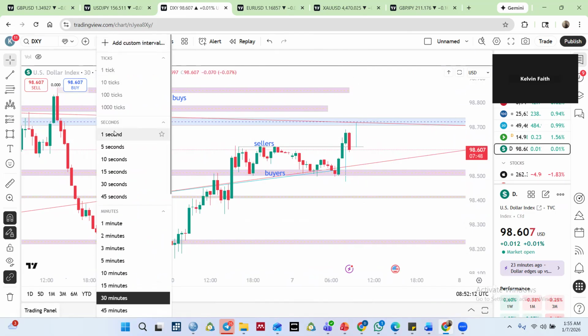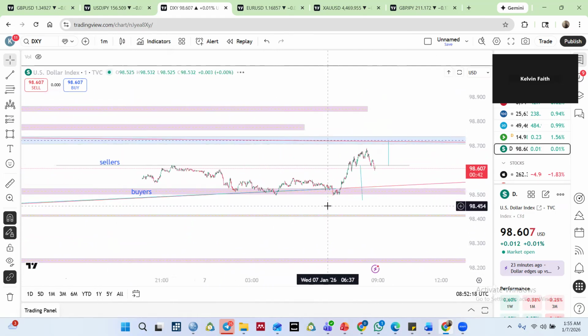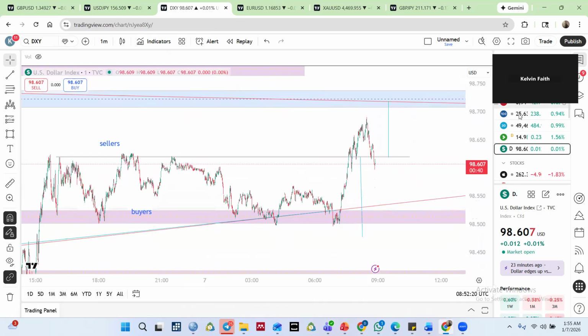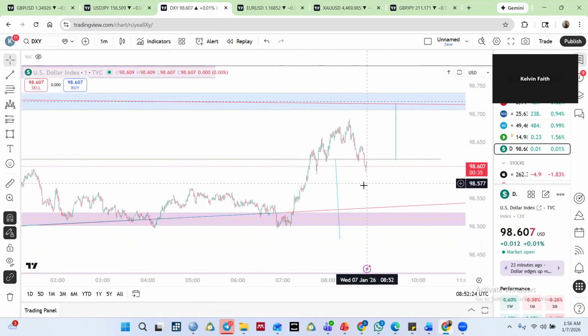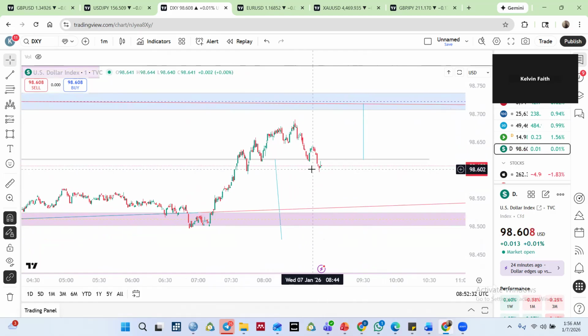Let me see the 1 minute. Yes, so this is the area of the sellers. Okay, so we go above them, price uses it, fair enough, it bought, then it comes back to that same place again.